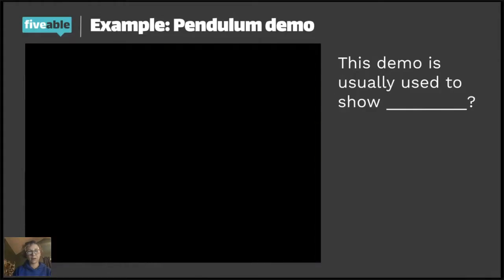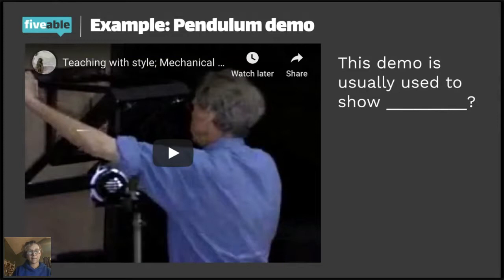Okay, so we're going to look at this pendulum demo. We're actually going to just watch this video. It's about 3.5 minutes or so. This is a pretty famous demonstration, and I might pause it and highlight a couple of things as the demo goes on. This is a section from a lecture by Dr. Walter Lewin at MIT.